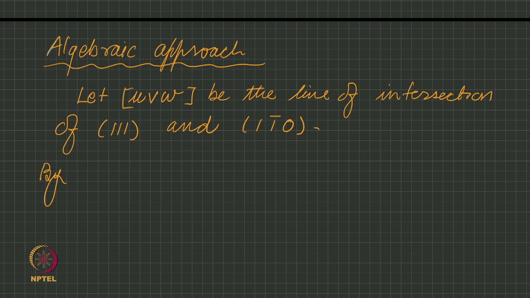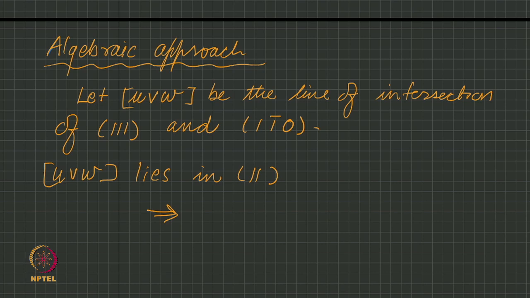Line of intersection means the line should lie in both the planes, so I should be able to apply the Weiss-Jones law. So, u v w lies in 1 1 1 because it is a line of intersection.